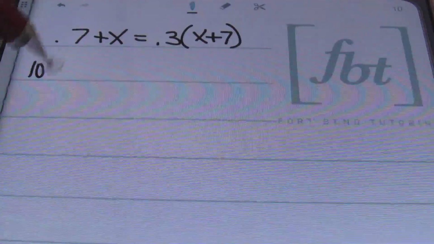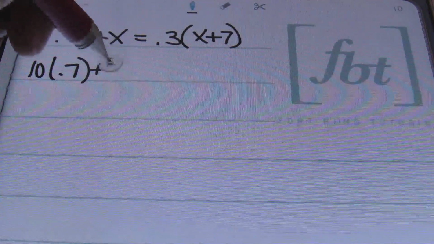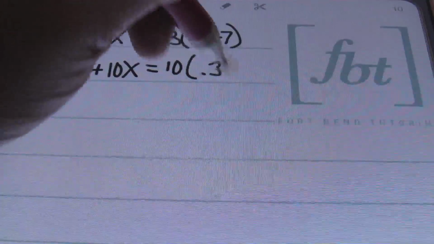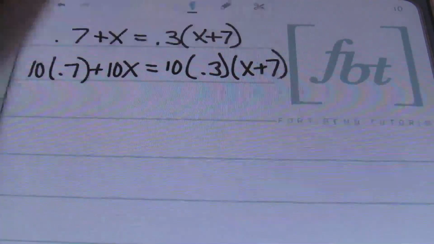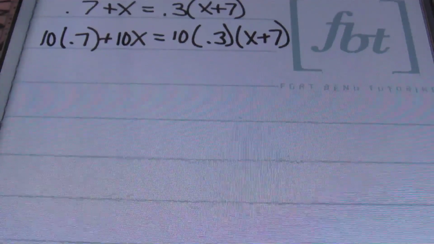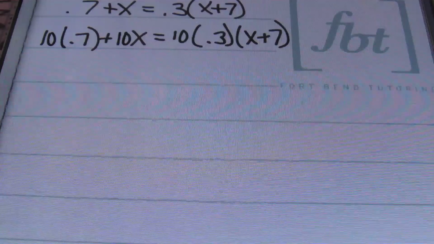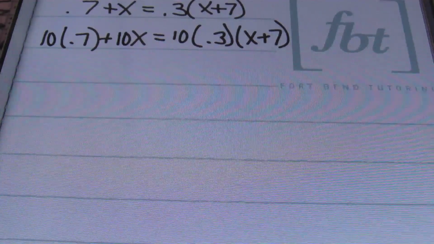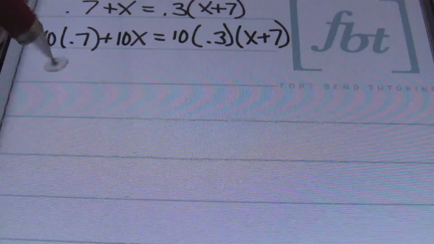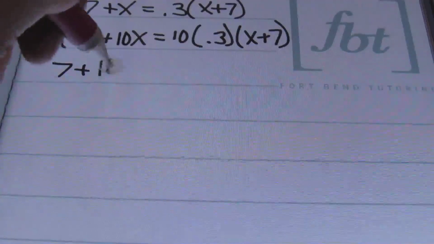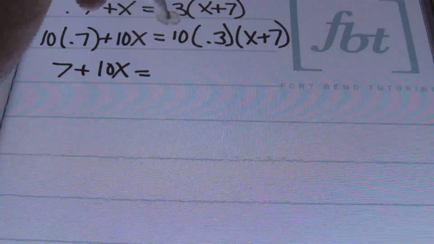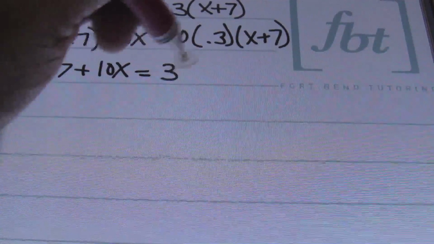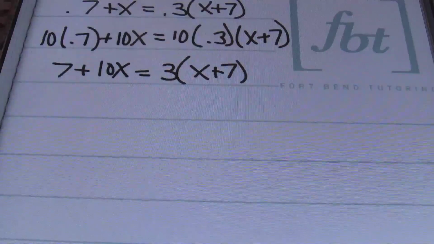So I'll have 10 times 7/10 plus 10 times x equals 10 times 3/10 times x plus 7. This is going to get rid of all of my decimals because multiplying by 10 moves the decimal 1 place to the right. So 10 times 7/10 is just 7 plus my 10x equals 10 times 3/10, which is going to be 3 times x plus 7.